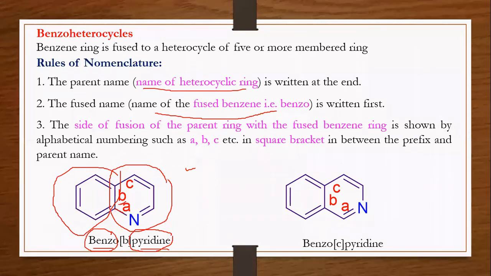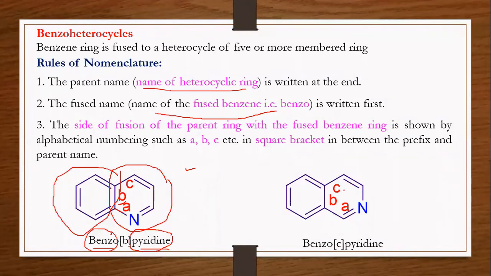Thus, these two rings are fused at the side b, and hence it is written between the prefix and parent name: benzo[b]pyridine.